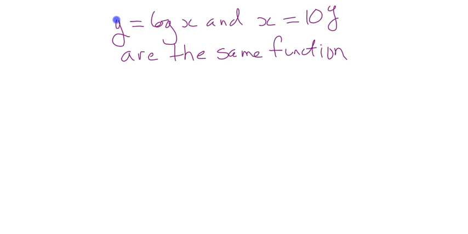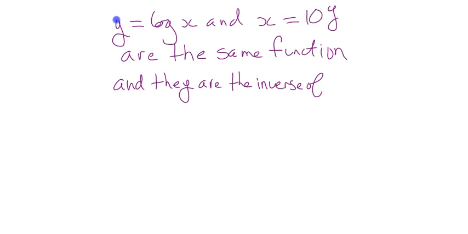Yeah, it's the same line, right? So they're the same function, and they are the inverse of y equals 10 to the power of x. So one way we do the inverse is by interchanging x and y.